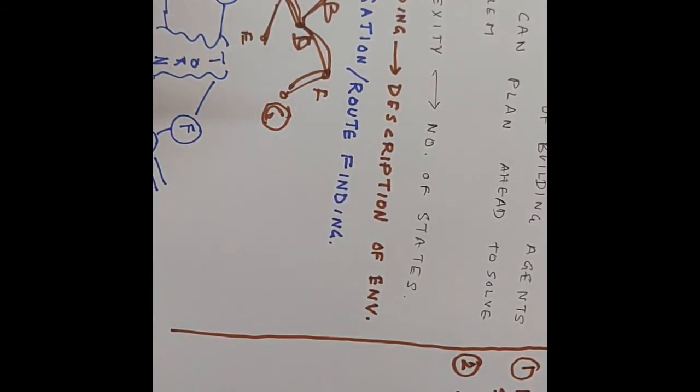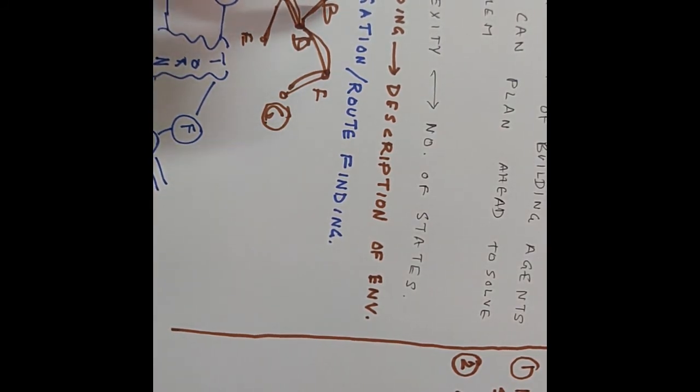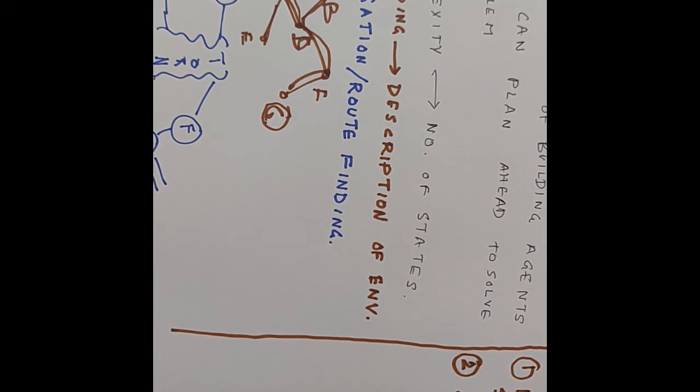In the route finding problem, the actions are dependent on the state. Why? When we are in one city, say city B, we can go only to neighboring cities, but not to any arbitrary city. From B I can go to A and D, but I cannot go to C. I cannot go to E.